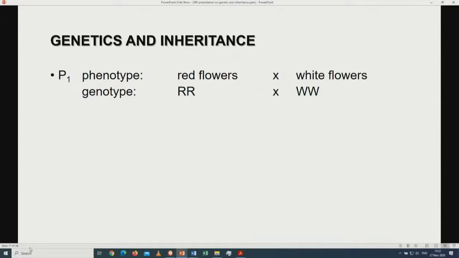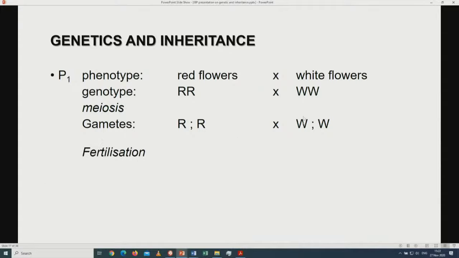This is an example of incomplete dominance, where the F1 generation will have an intermediate phenotype of the P1 generation. And now we use capital letters, because in incomplete dominance there are no alleles that are dominant over the other one. Hence we use different letters to indicate the genotype of a specific phenotype.